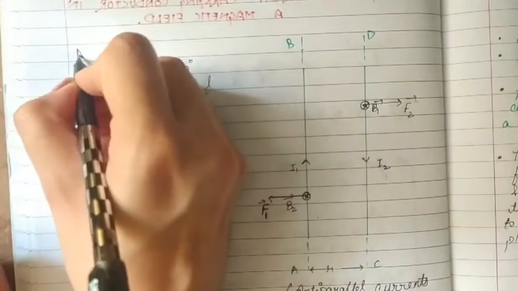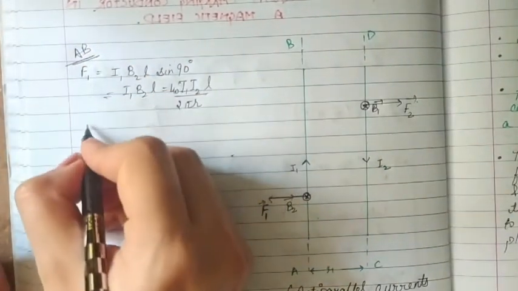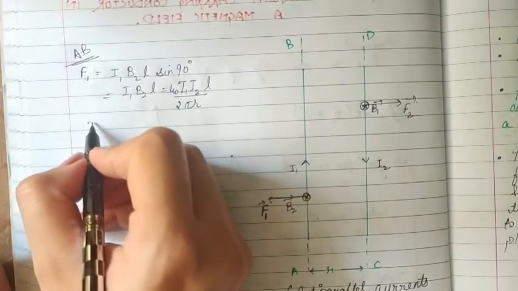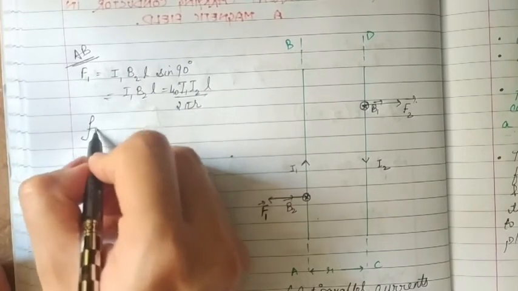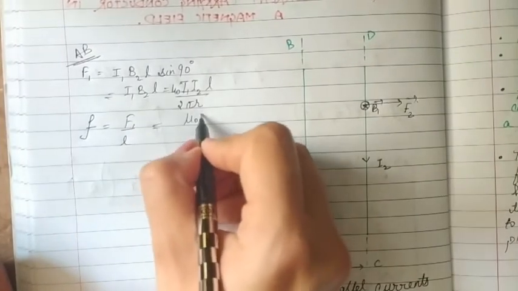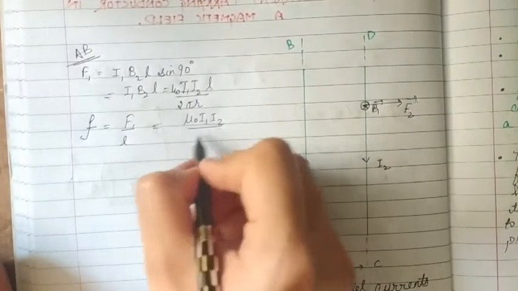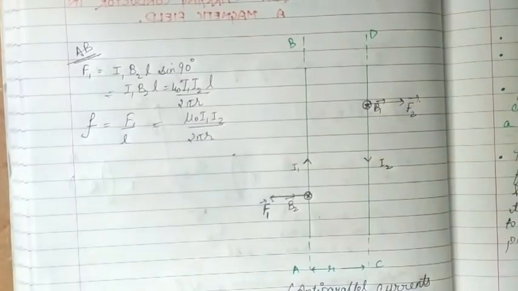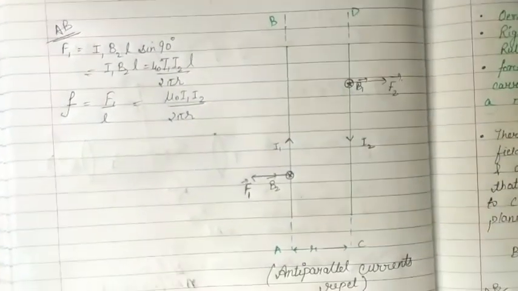This I am talking about AB. If I want to find the force per unit length, small f, then it will be F1 upon L, equal to mu naught I1 I2 upon 2 pi r. So there is no change in magnitude, only the change is in direction.